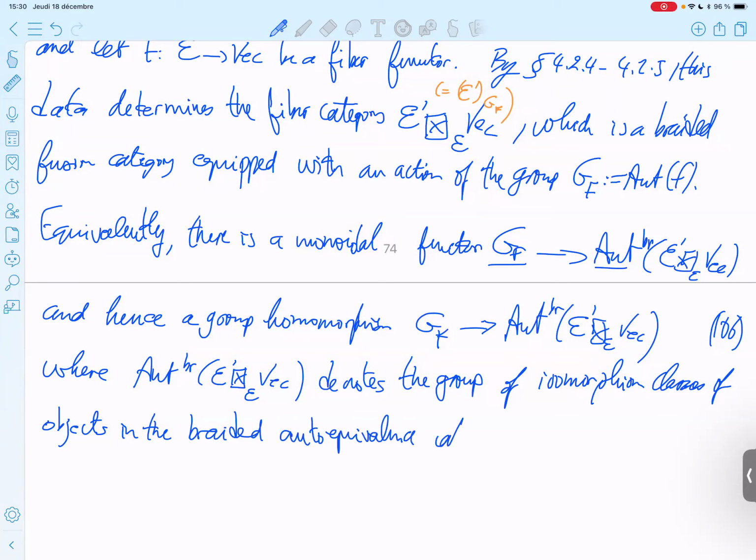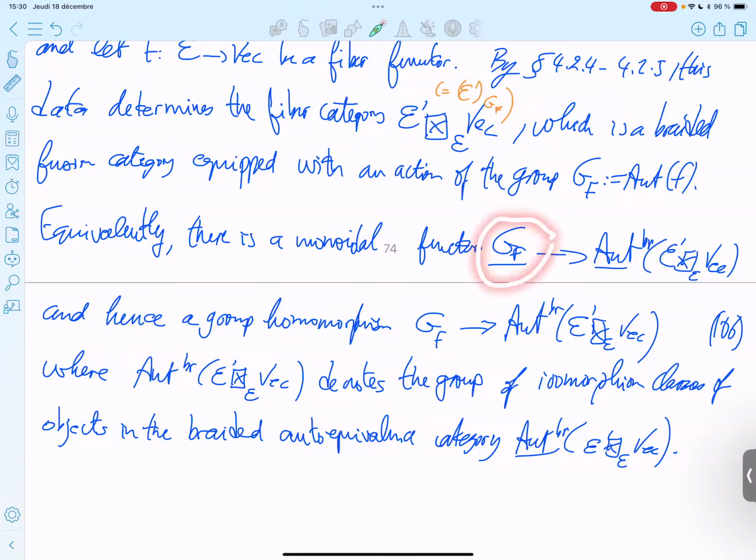So this notation. You can again maybe see this as overkill. Maybe you can say okay, we identified that with the group, but anyway.